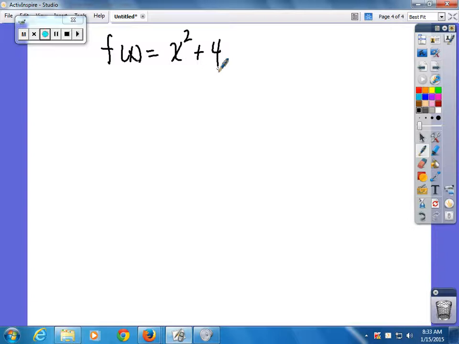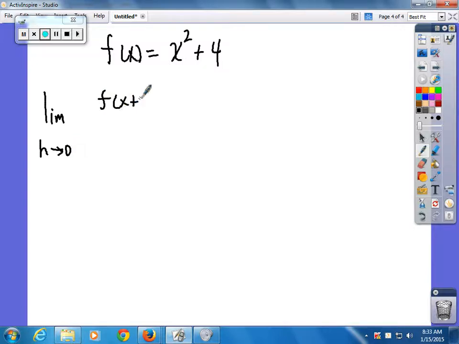If I say f of 2, what does f of 2 mean? I plug 2 in for what? So what does f of x plus h mean? I'm going to substitute x plus h in, correct, right? So here we go. Limit as h approaches 0 of f of x plus h.